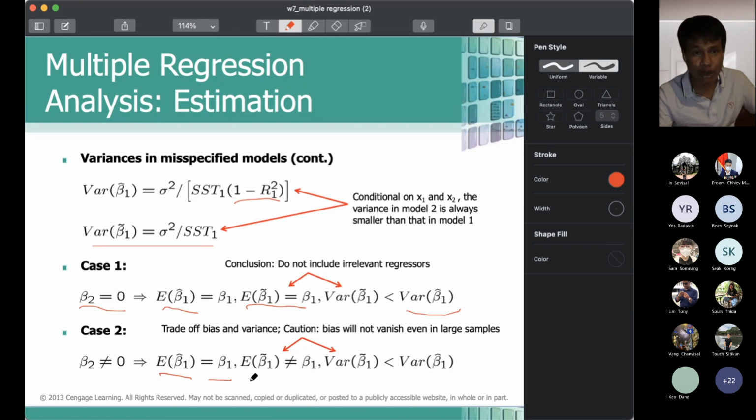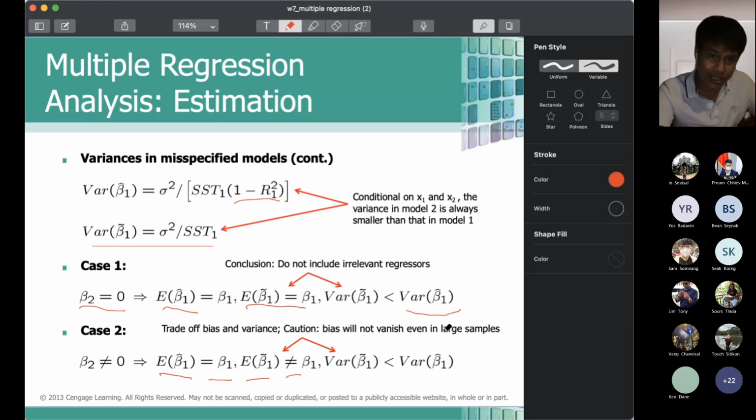But if you run model 2, which omits x2, the expected delta 1 delta is different from the population parameter, even though the variance from model 2 is lower than the variance from model 1. So the caution is that bias will not vanish even with a large sample size.